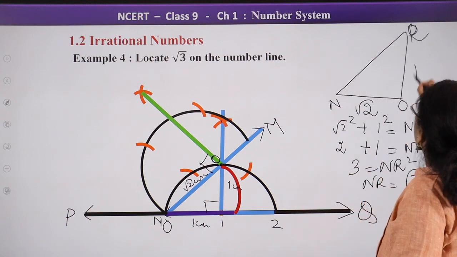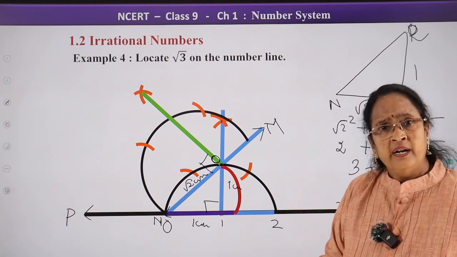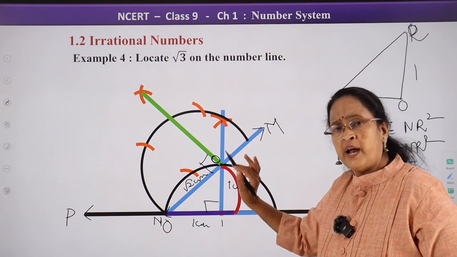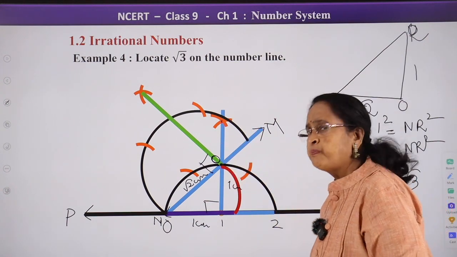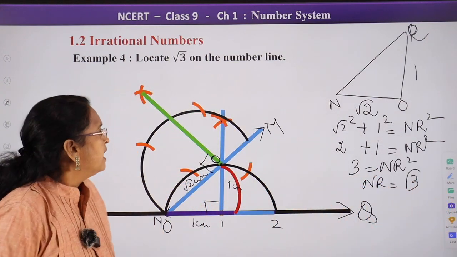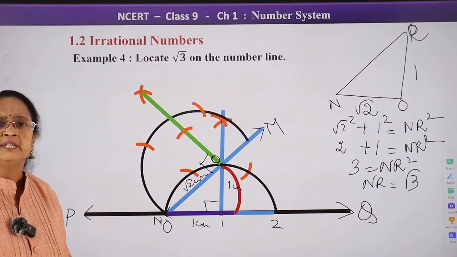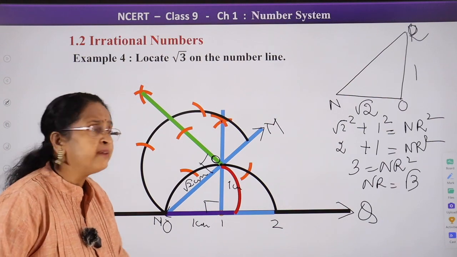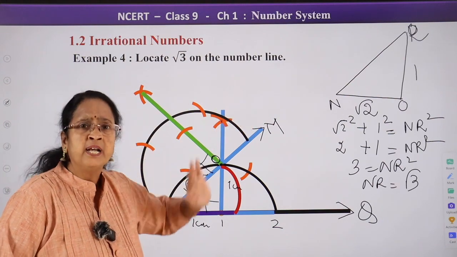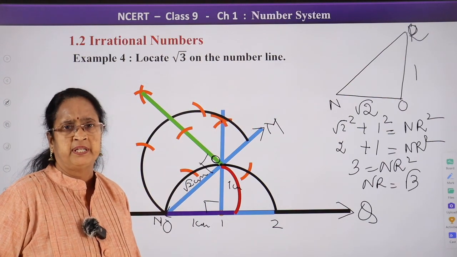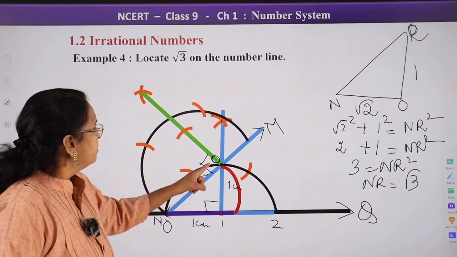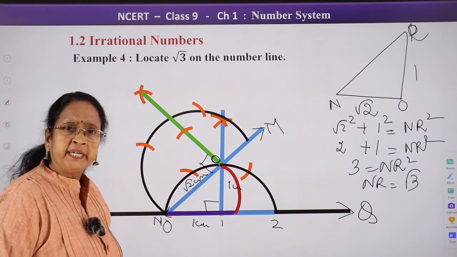I want OR as 1. OR is not 1. Now, where is the point of R? I need to cut 1 centimeter. Why? Because I have not taken the radius as 1 centimeter. Alright. Now, 1 centimeter cut.